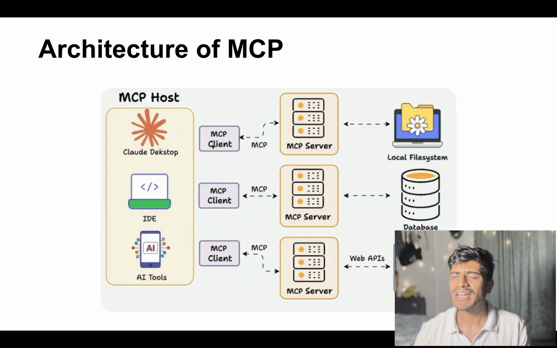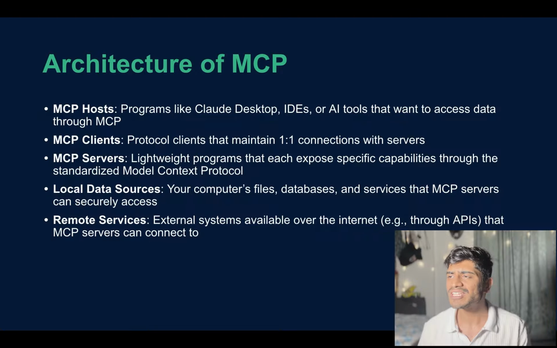So this is at a high level what the architecture of MCP looks like. And here I have mentioned what exactly these components mean. MCP hosts are basically programs like Claude Desktop, your IDEs, your AI tools, which have the capability of MCP. Then you have the MCP client, and these clients implement the MCP protocol, and they maintain a one-to-one connection with the MCP servers.